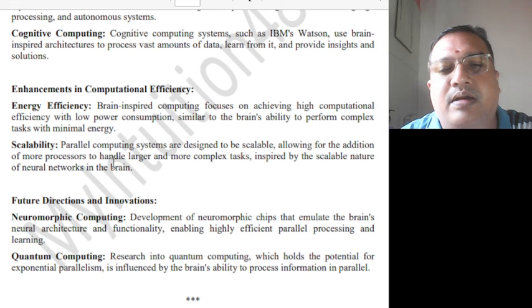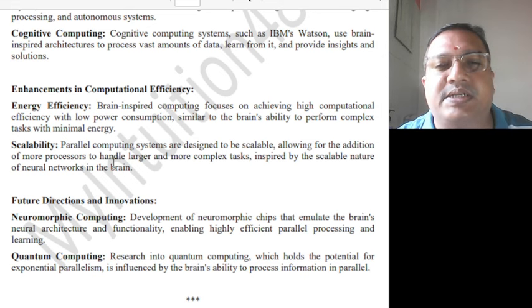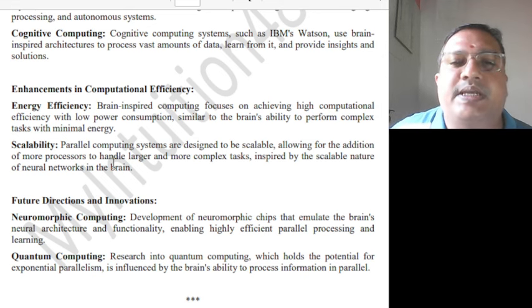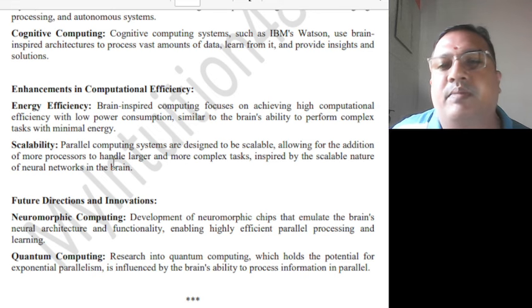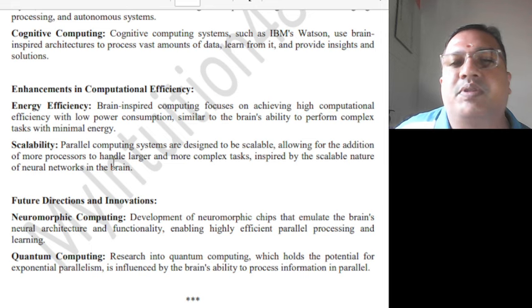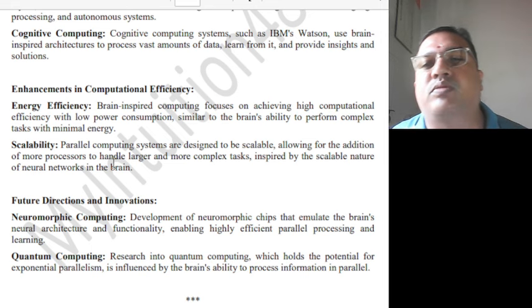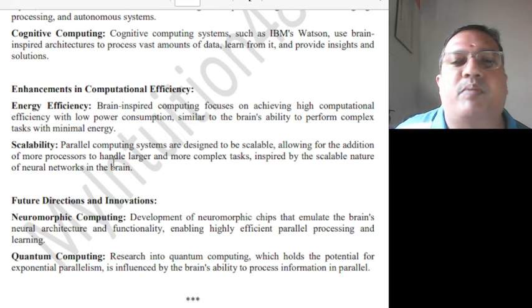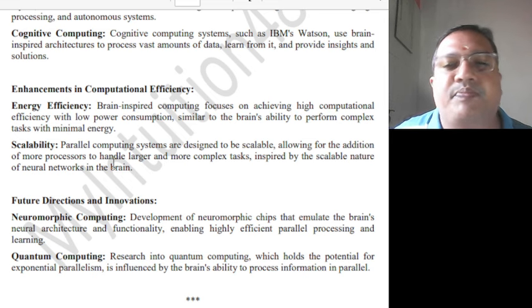Enhancements in computational efficiency: energy efficiency and scalability are the two terms under it. Brain-inspired computing focuses on achieving high computational efficiency with low power consumption, similar to the brain's ability to perform complex tasks with minimum energy.